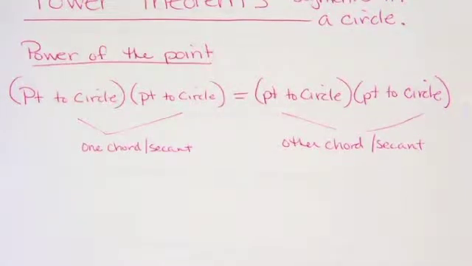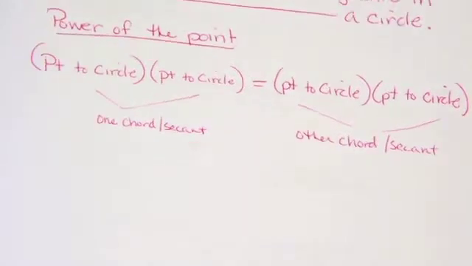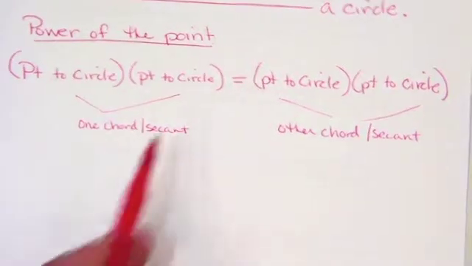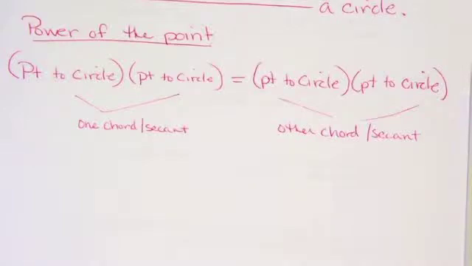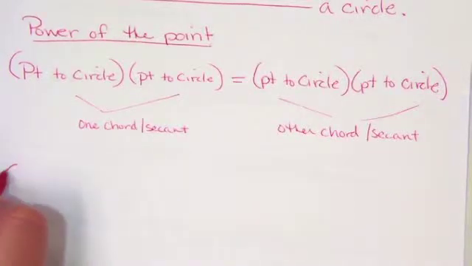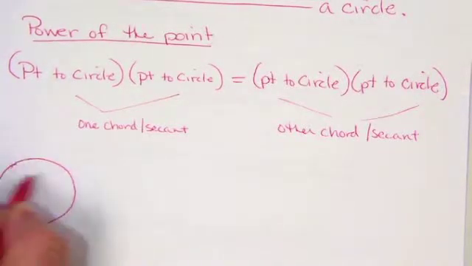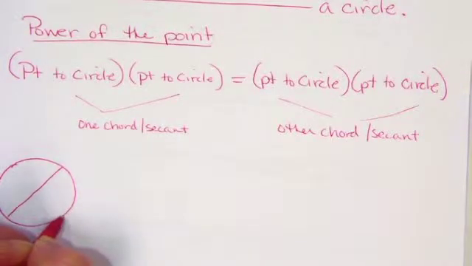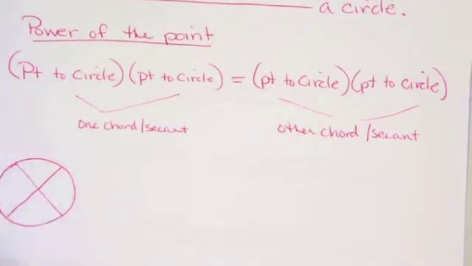And if you want to pause the video to write that down, this would be a good time. Okay, so it's kind of confusing, but hopefully I can make some sense for you guys. We have three situations. We have a situation of chord, chord.